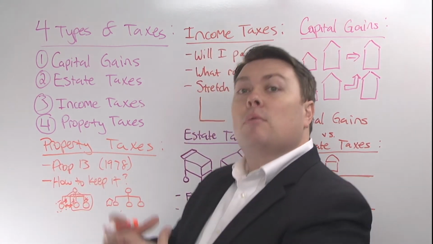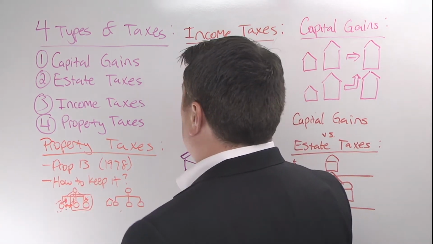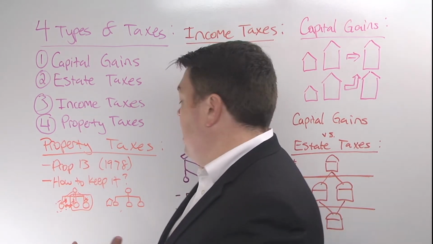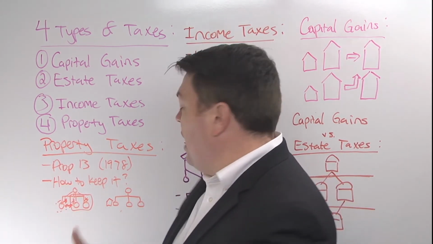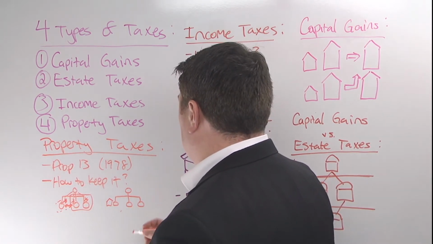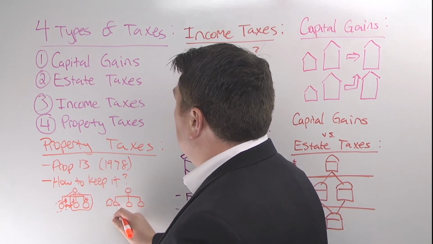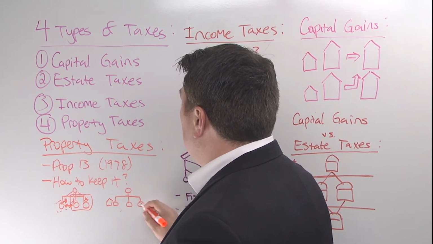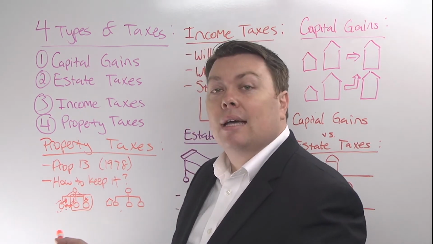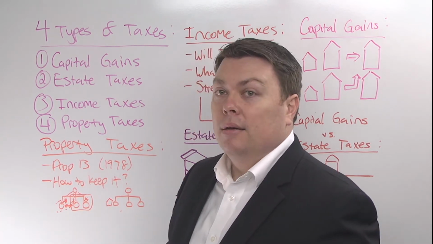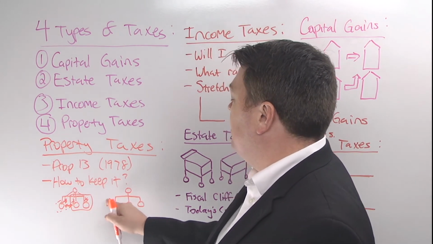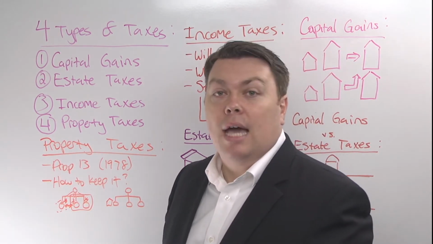Instead, it just has to be equal overall. So if we write that in the terms of our trust, and let's say you had an IRA or some kind of investment passing through that plan, then you can make up the difference of the value of this house by giving more of those investments to these 2 children. That will not trigger a tax reassessment for that real property. So if we plan that way, this child's real property will not be reassessed for property tax purposes.